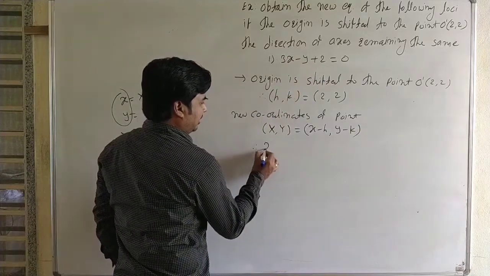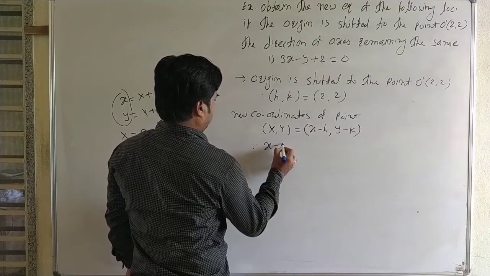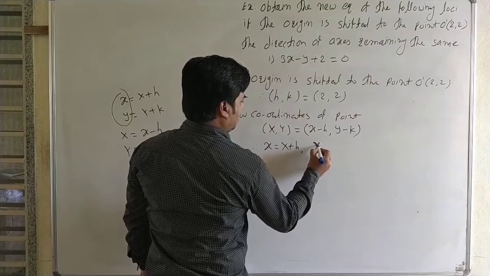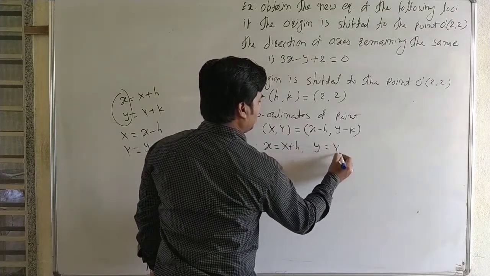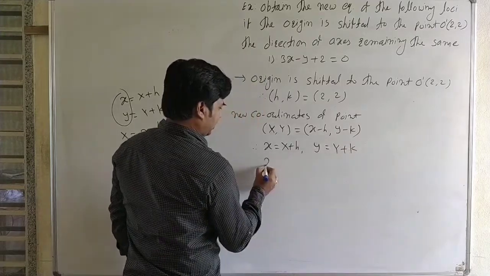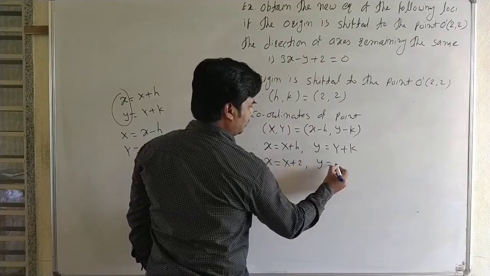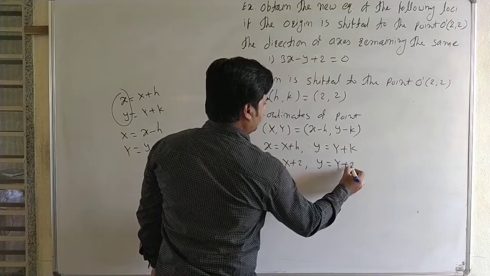Therefore we can write x is equal to capital X plus h, and small y is equal to capital Y plus k. Therefore x is equal to X plus 2 and y is equal to Y plus 2.